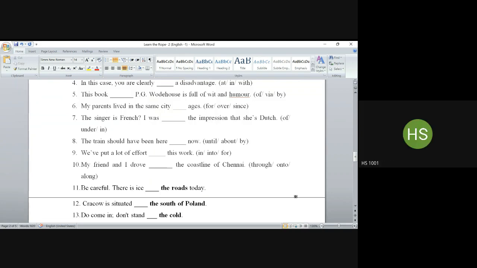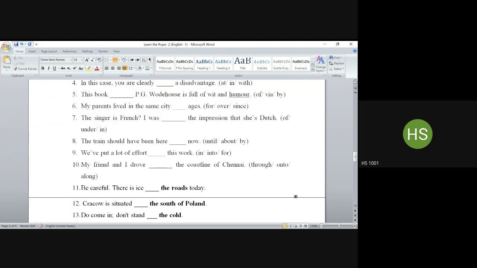Okay, 10th one. My friend and I drove dash the coastline of Chennai: through, onto, along. Along the coastline of Chennai. So the rest of the things are all in, on, and at.